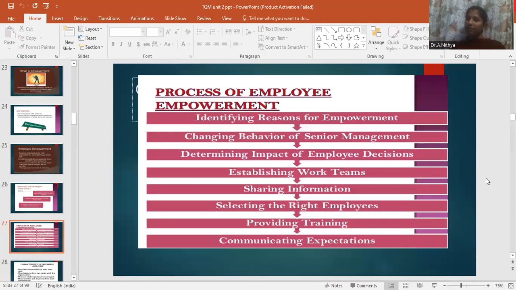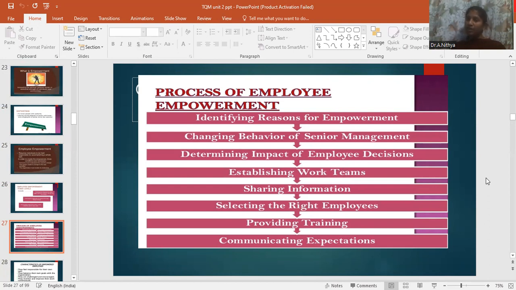For this empowerment also, we have some stages or process of employee empowerment. First, we have to identify the reason for empowerment. Why we need to empower the employee. That reason should be identified first. Then changing the behavior of senior management. Then determining the impact of employee decisions.